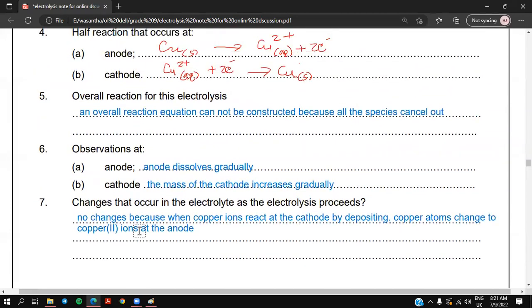So with that question, we can complete the electrolysis of copper sulphate solution using copper electrodes.